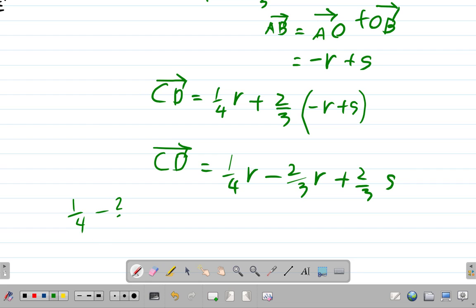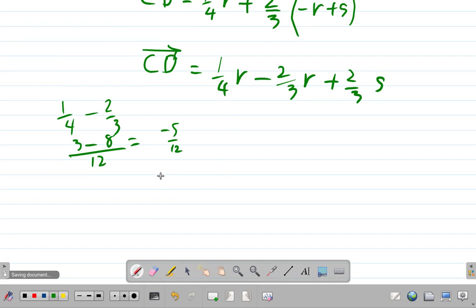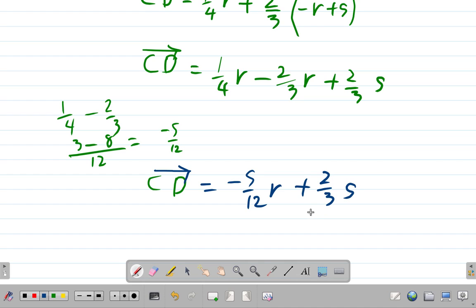Quarter minus 2/3, LCM of 4 and 3 is 12. 4 into 12 goes 3 times, 3 times 1 is 3, minus 3 into 12 goes 4 times, 4 times 2 is 8. 3 minus 8, that's a negative 5 over 12. So CD equals negative 5 over 12 R plus 2/3 S.